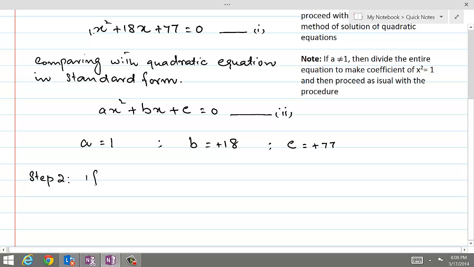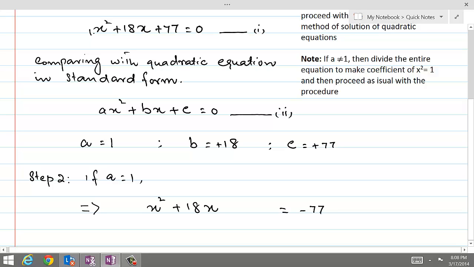Therefore we will rewrite the given equation in such a way that x squared plus 18x is equal to minus 77.